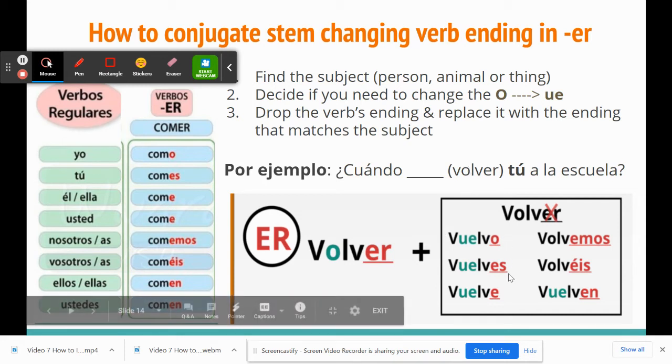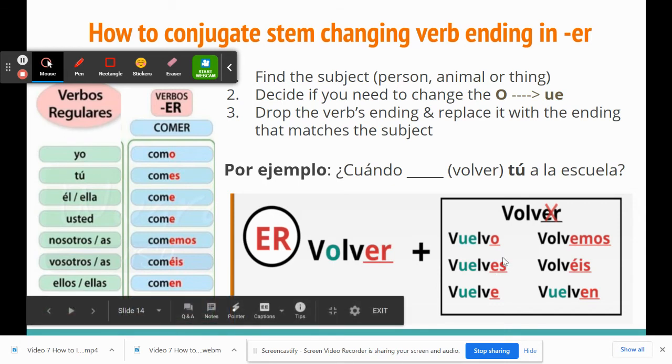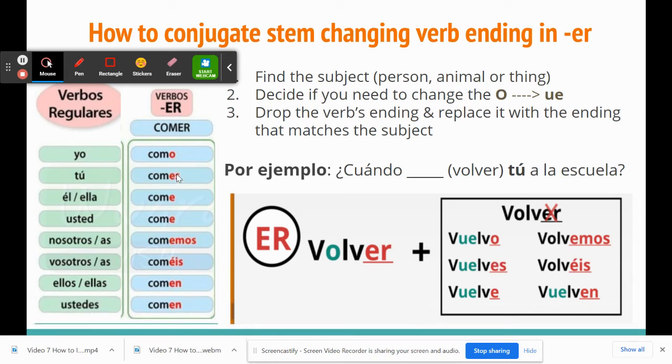So trace the shoe. Yes, it needs to change to a UE. Now let's look at the ending, the ER. We're dropping the ER, as it says here, and then we're changing it to ES. Why? Because ES is the ending for tú.